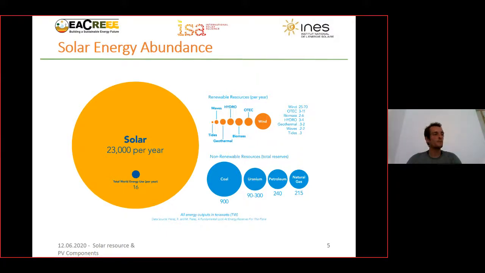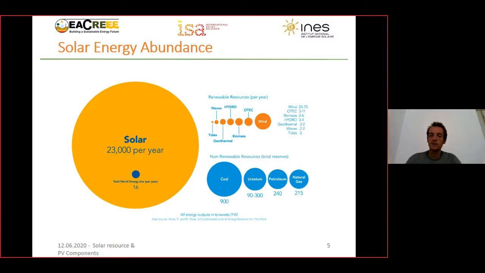So the schematic that you have on the slide represents the solar potential on Earth, which accounts for about 23,000 terawatts of power that you can actually convert into electricity.